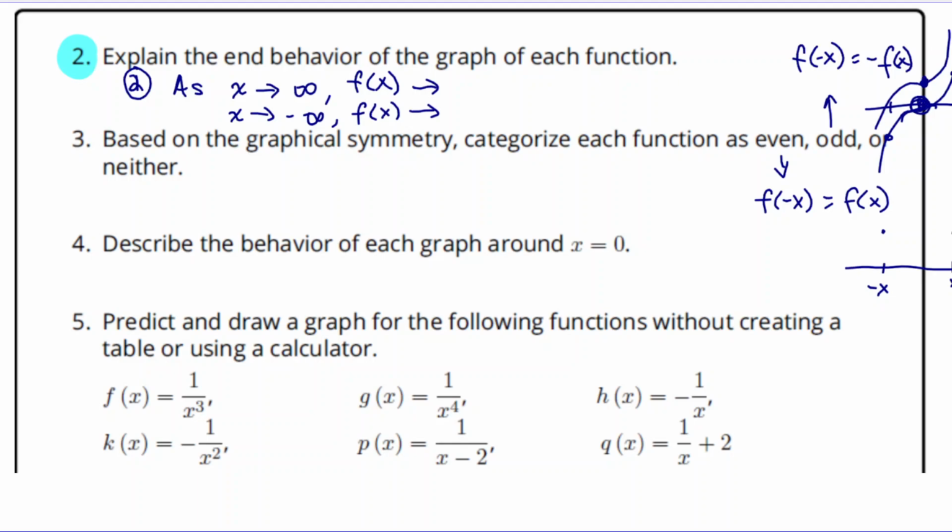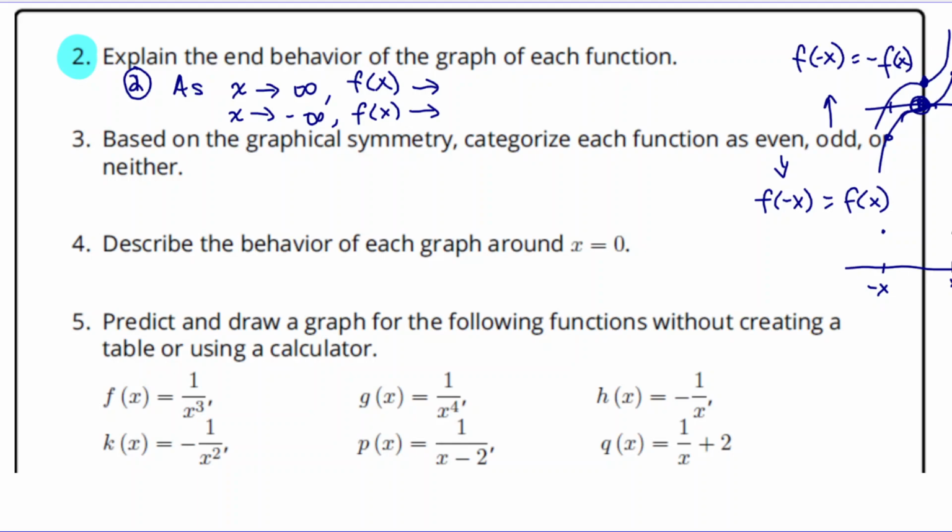Odd is about the origin. Okay. Also, if you added any even powered x term, so if you had x cubed, and then you said, okay, well, plus x squared, that's no longer odd. It's just neither. It's neither even or odd. Okay. If you add a +1 or +2 or whatever, or -7, that's no longer even or odd.